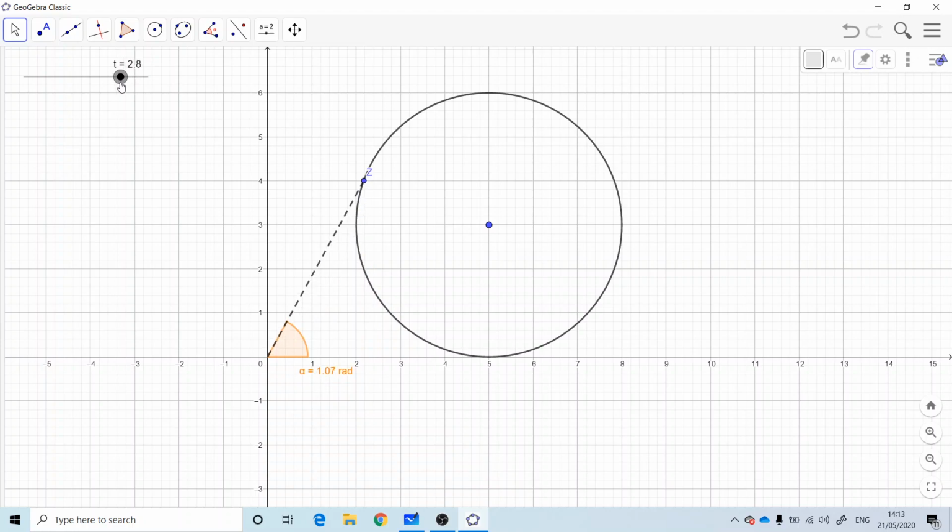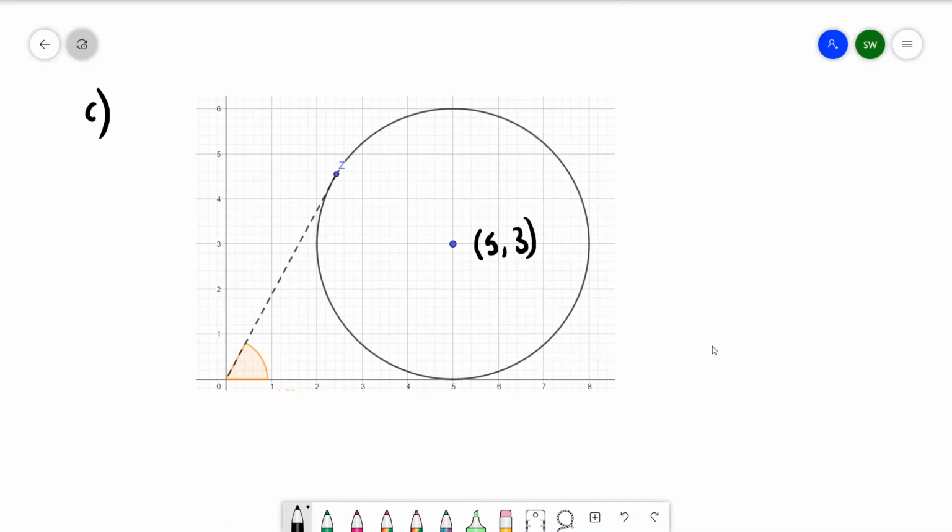So you can see that the maximum argument possible, what makes that angle as big as possible, is when z is at a point where the line going from z to the origin is a tangent to the circle. Because you can see that when it gets past that point, the angle is going to decrease. And from this diagram, we can see it's roughly going to be 1.08 radians for the maximum value of the argument. So our aim is to find the value of that angle there.